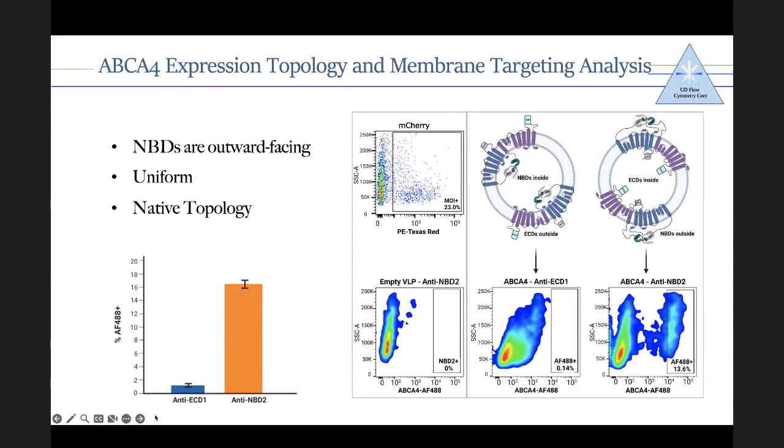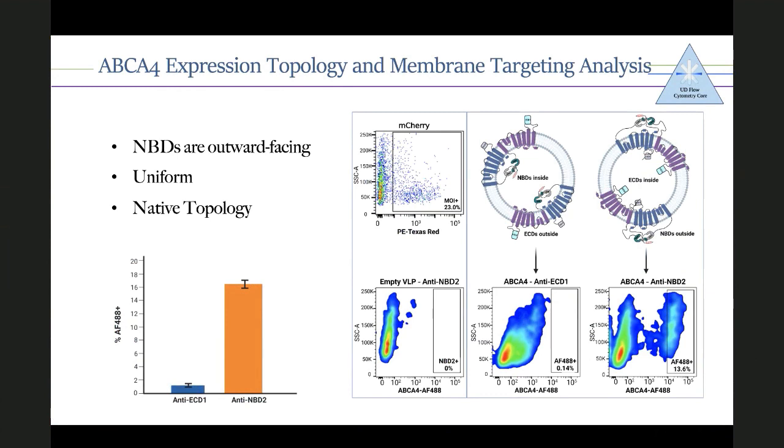We repeated this experiment multiple times, as I said, and consistently arrived at the same conclusion. In fact, the bar graph here shows 3 different acquisitions normalized to the same number of gated cells.